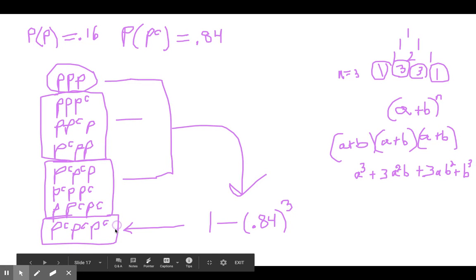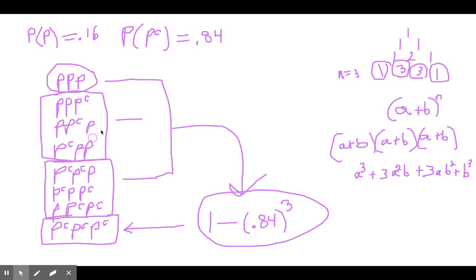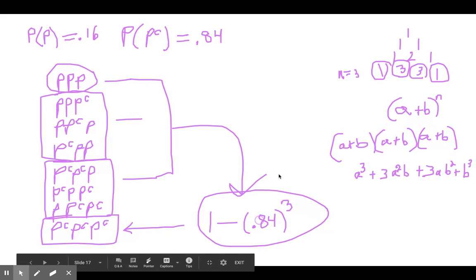This is just a 0.84 piece, right, cubed. So it's much easier to do this probability than it is to do every single one of these, or try to figure out all these together and add them all together and get all those probabilities together. You don't have to do that. Just find the easiest one and subtract from 1. So this is that complement situation.